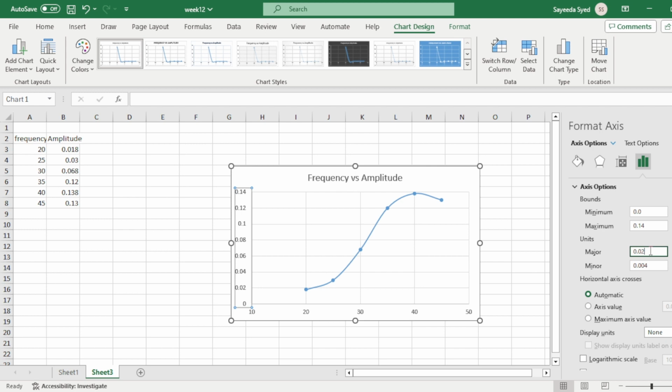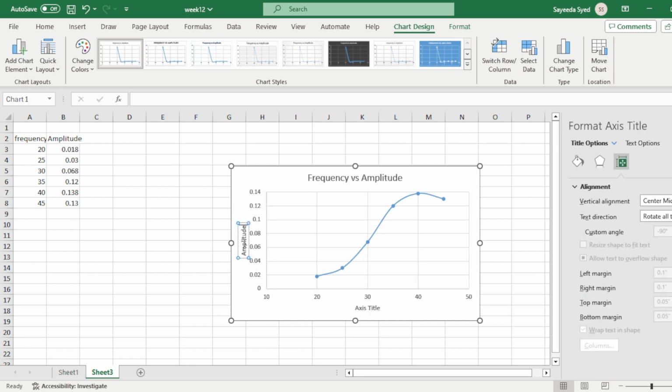So this is our amplitude, this is our frequency. So this is our graph. That was the first part of the question. We had to draw the amplitude versus frequency graph. Now let's move on to the second part.